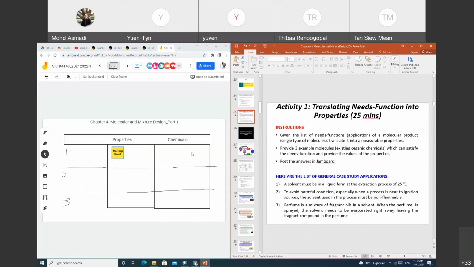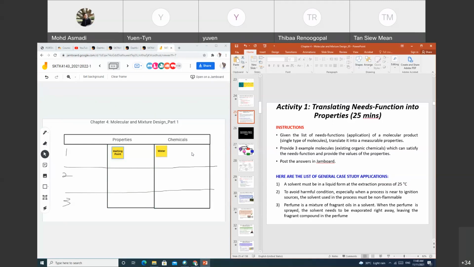Only one. Number two? Water. Okay, so the solvent must be liquid in the extraction process.